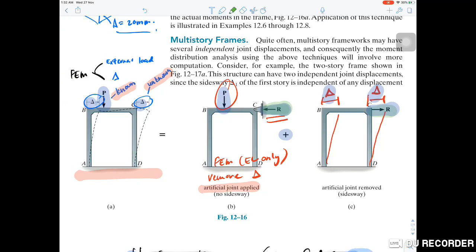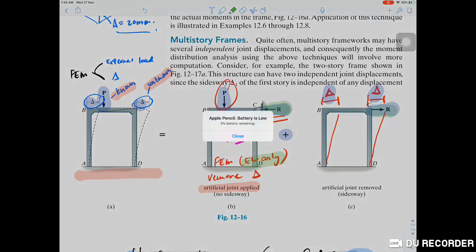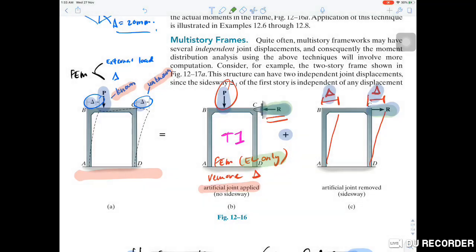We will analyze this using two tables. In table 1, we will analyze diagram B. So this is table 1. In table 1, we will calculate FEM due to external load only, and after that we will get the end moments, and we will determine the R value using static equilibrium.